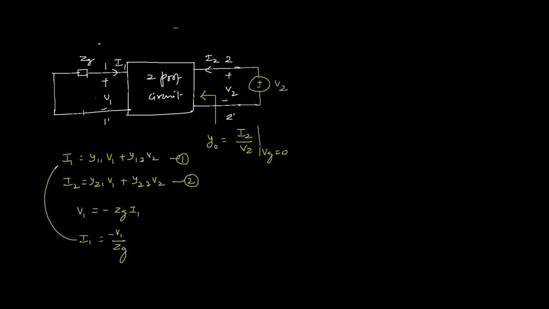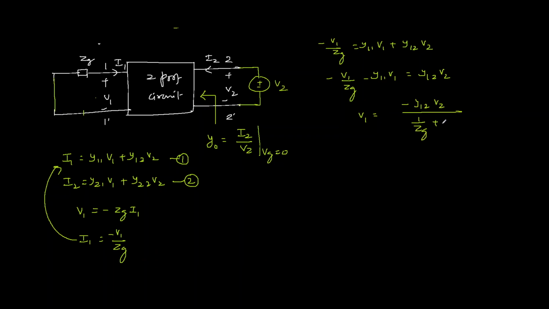Now substitute this I1 in the first equation: negative V1 over ZG equals Y11 V1 plus Y12 V2. Now negative V1 over ZG minus Y11 V1 equals Y12 V2. So V1 is basically negative Y12 V2 over (1 over ZG plus Y11).